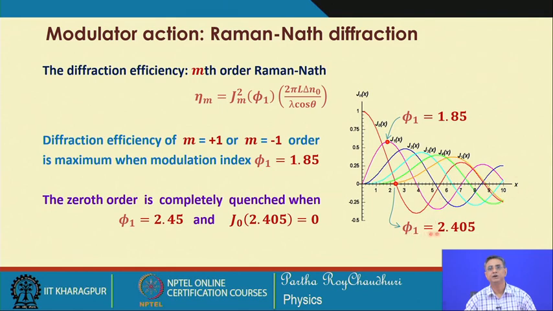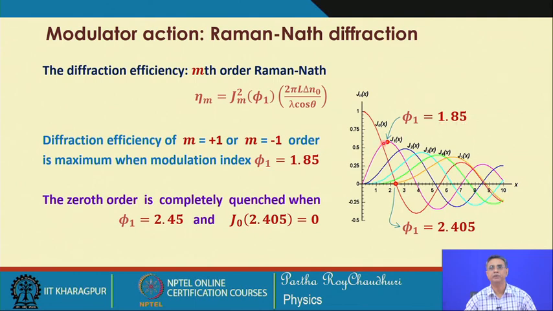So, phi 1 equal to 2.4045 will represent the 0 crossing of the Bessel J0 function, which will correspond to the 0th order diffraction. But J1, which corresponds to the plus and minus order of this Raman-Nath diffraction, will have the peak value at phi 1 equal to 1.85.